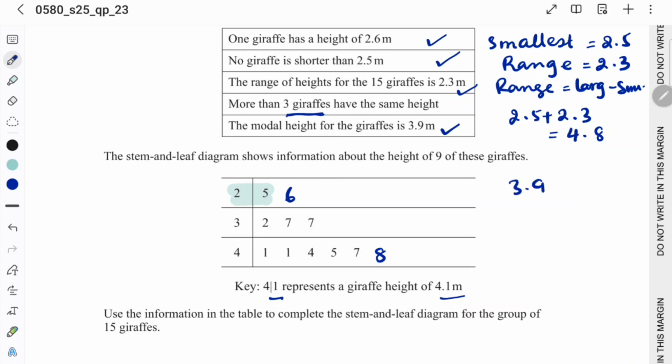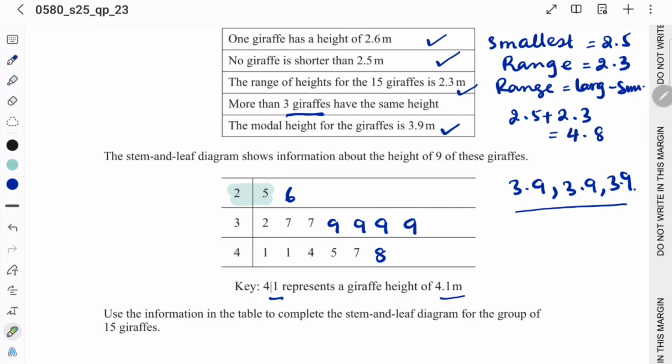Obviously 3.9 will be there, which is 3.9, 3.9 and 3.9. So obviously I'll put 1, 2, 3. More than 3 means one more, and then count, and it's the mode also. Now count, are they complete 15? Then it's okay. So just check it. 1, 2, 3, 4, 5, 6, 7, 8, 9, 10, 11, 12, 13, 14, 15. It means that we filled all the entries.